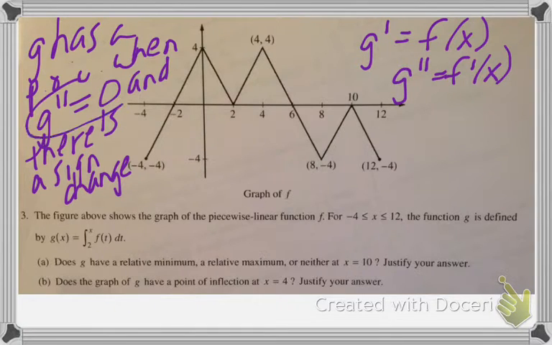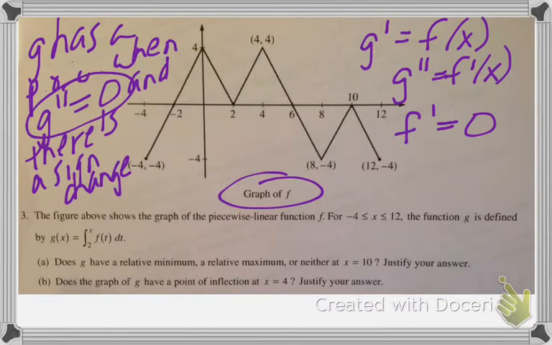So if we want to know when G double prime equals 0, we really want to know when f prime equals 0. So f prime is going to equal 0 wherever there's a slope of 0. Remember, this is the graph of f, and we're looking for when the derivative is going to be 0.